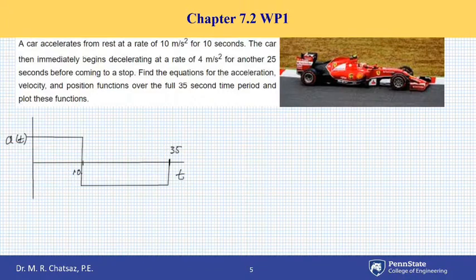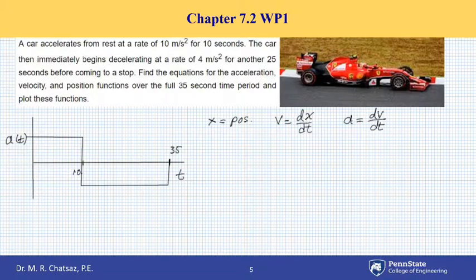Let's consider the fundamental equations of kinematics for rectilinear motion. If I let x represent position, then the definition of velocity is the derivative of position with respect to time, and acceleration is dv/dt, the derivative of velocity with respect to time.